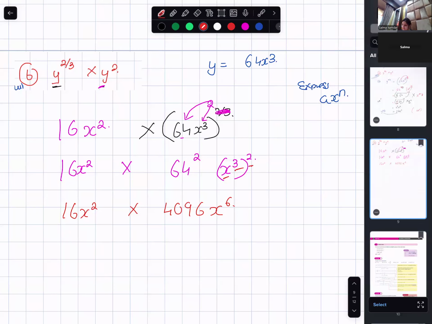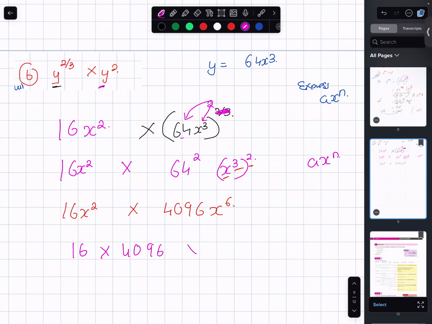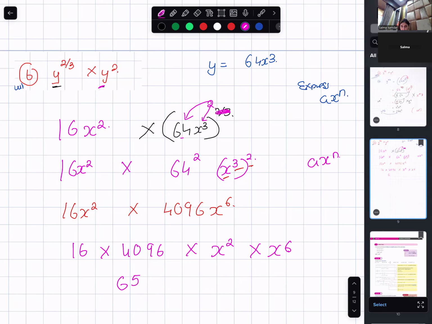Now we have to express it in the form of ax raised to n. So what do? We don't have the base same. So what do? We keep the numbers separate and we keep the variable separate. So it would be 16 into 4096 into x square into x to the 6. 16 into 4096, use your calculator. It will give you 65,536.